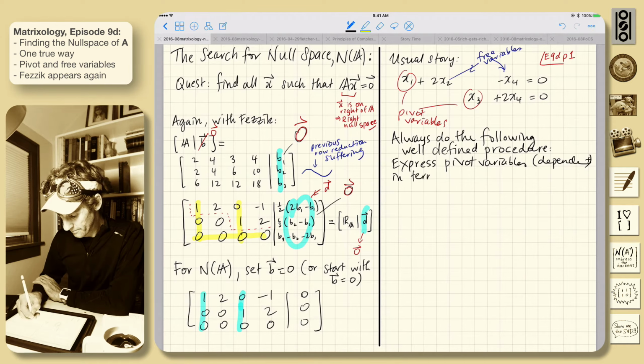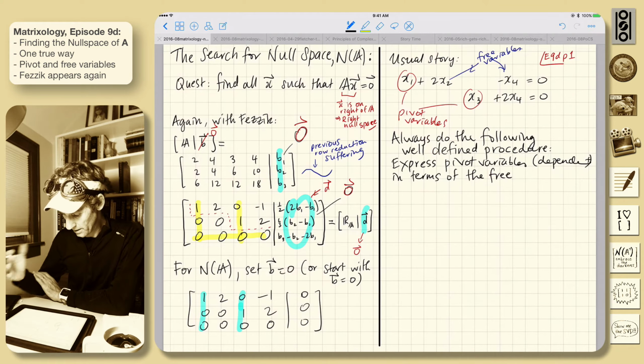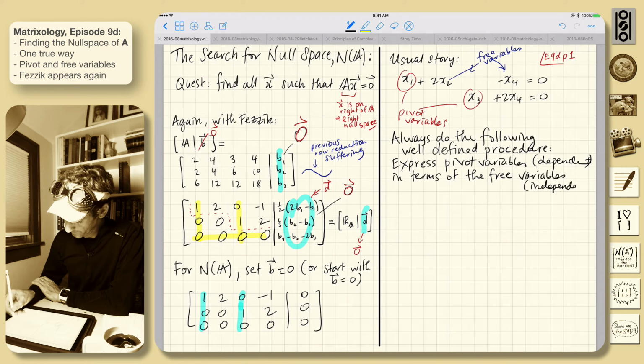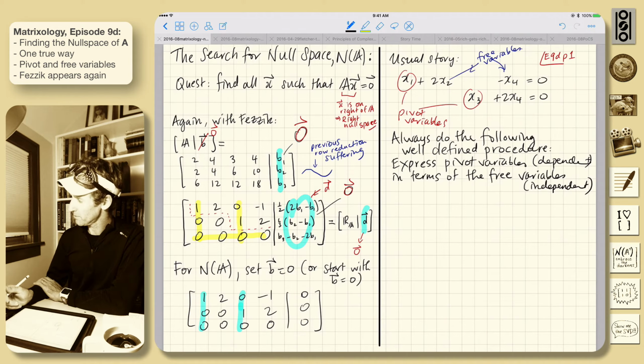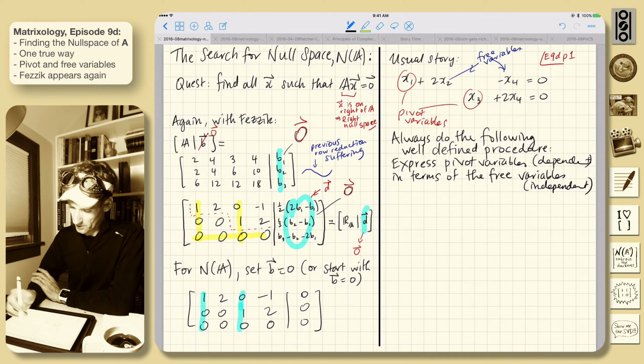You can do it. There's a lot in this course, but you can definitely do it, and once you've got it all in your head, it's very pleasing. But we must work hard to move up from being grasshoppers. Not sure what comes after grasshopper. Anyway, monks. So express the pivot variables in terms of the free variables.